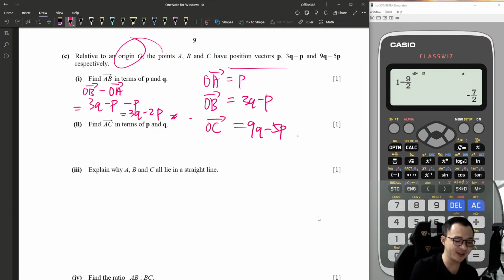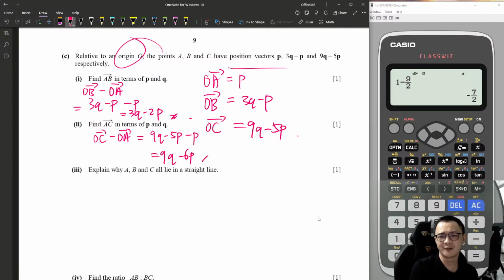So AC is OC minus OA. So it's 9Q minus 5P minus P, so it's 9Q minus 6P. Explain why A, B, C are in a straight line. In a straight line means they must have the same gradient or same direction.